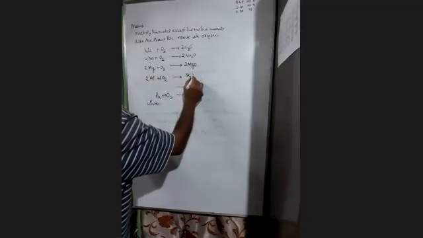Okay? So it will give you, sorry, Al2O3, it will be 4. So it will be 2, 6, yes. So aluminium, Al2O3. So here I will write.